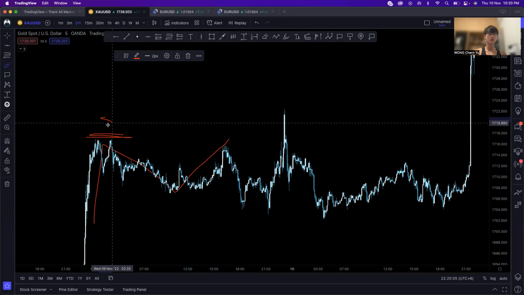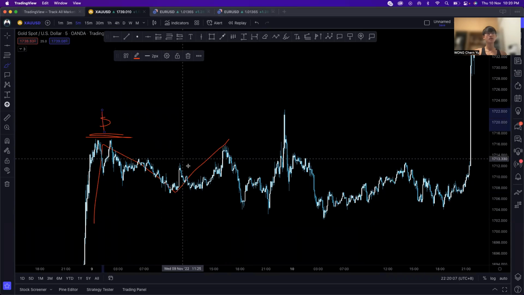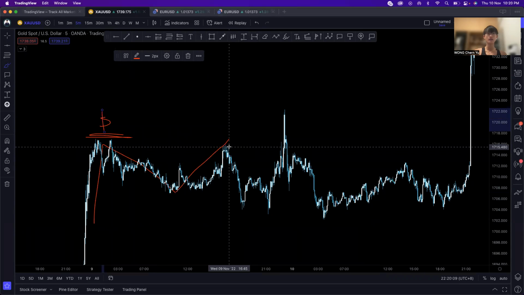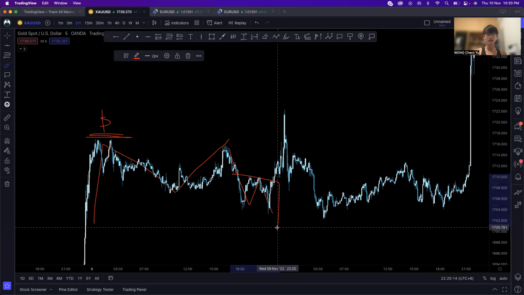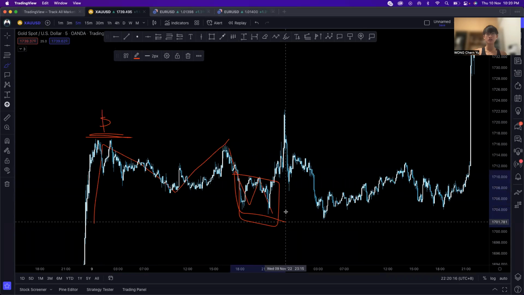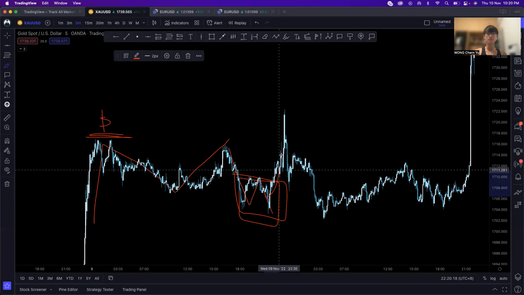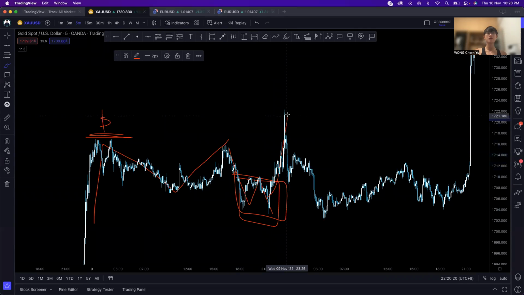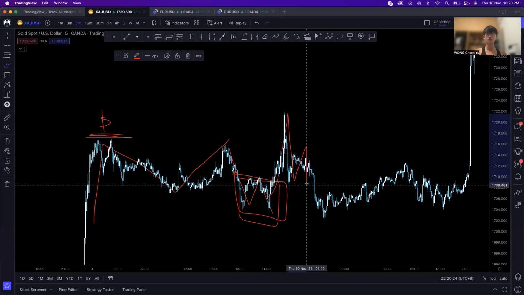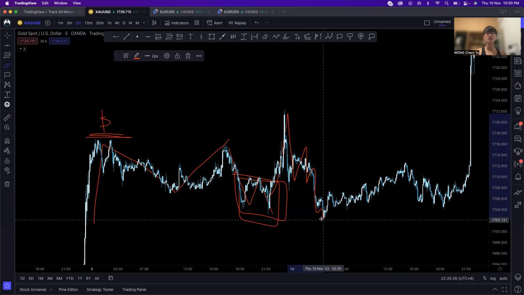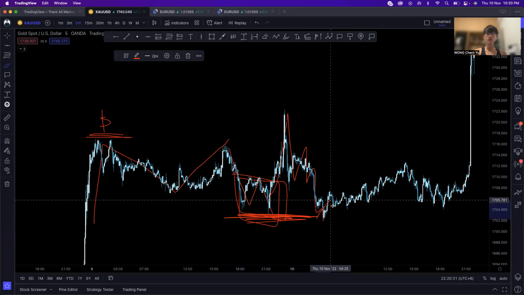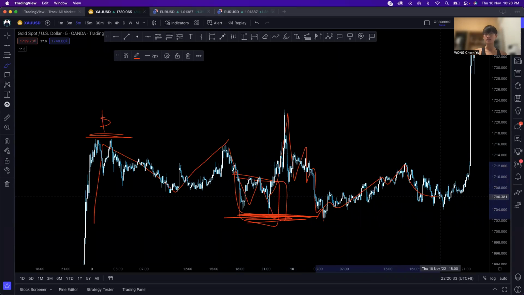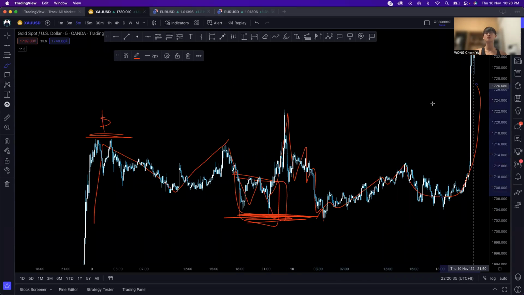There is liquidity over here, and price did not break this. However, it went down further and reaccumulated this entire area. It's called a reaccumulation, which caused price to push all the way up and break market structure. Thereafter, the market starts to range and consolidate, breaks the further lows, clears these areas of liquidity below here, before inching its way back up and moving parabolic upon the news release.